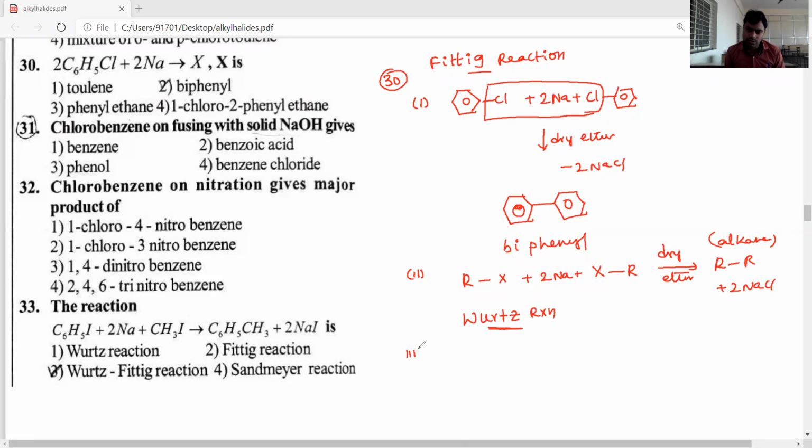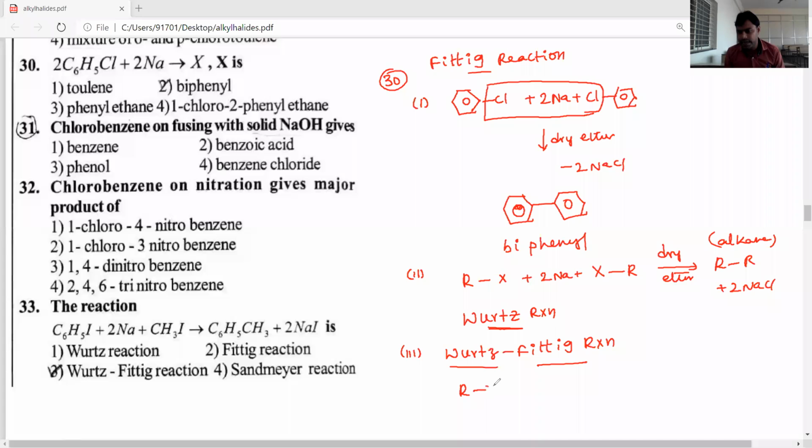Now the third one is Wurtz-Fittig reaction. What is Wurtz-Fittig reaction? Alkyl halide and aryl halide.